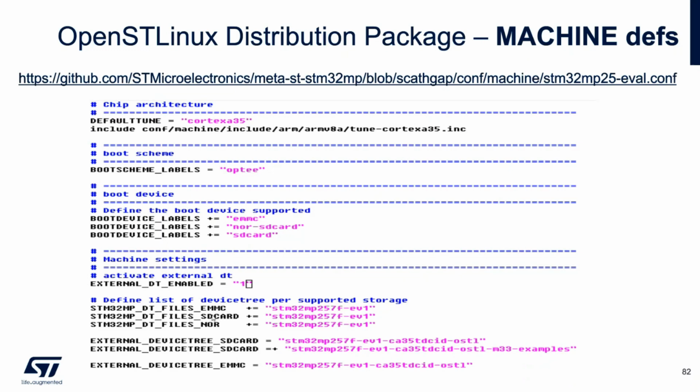And you need to associate the device tree to every single storage. In this case, we are using the device tree to describe the image, the SD card, and the NOR device. And then the other optional device tree, the external device tree, the boot scheme, and the architecture, Cortex A35, because you know that MP2 is Cortex A35 based.